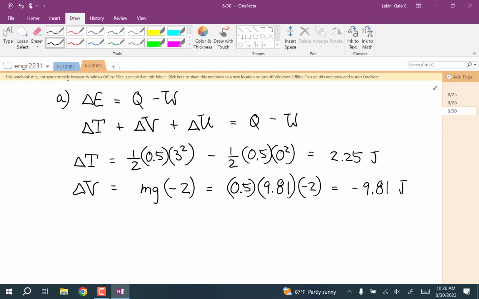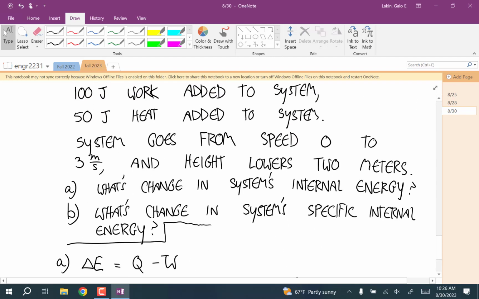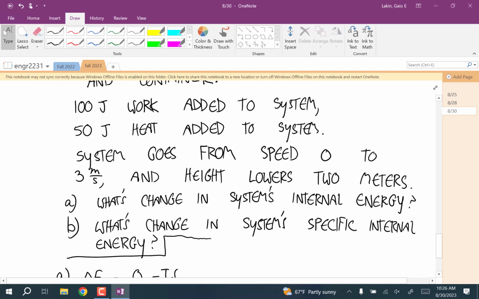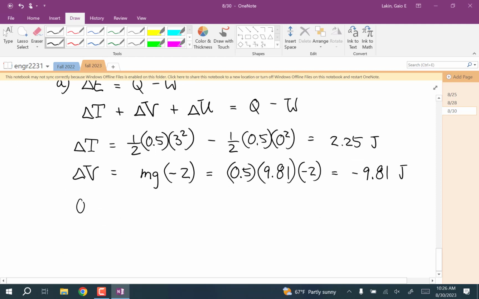Okay, now we have to think about the sign convention for the heat and the work. A positive value of Q, does that mean energy added to the system or removed from the system? Added to the system. So 50 joules of heat is added to the system, so Q is going to be equal to positive 50.